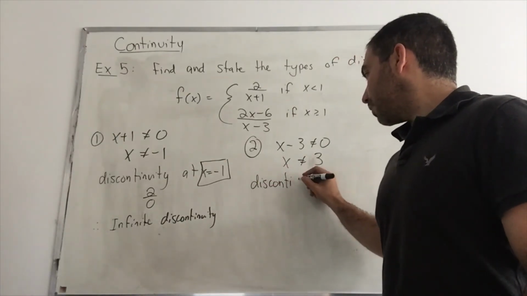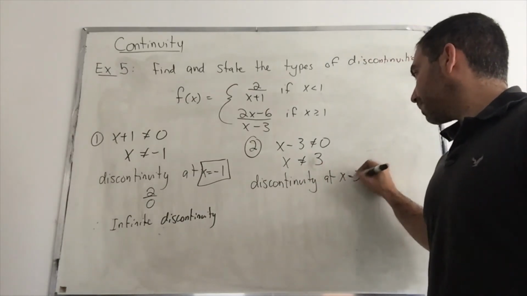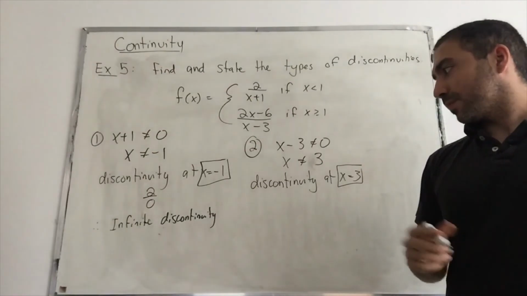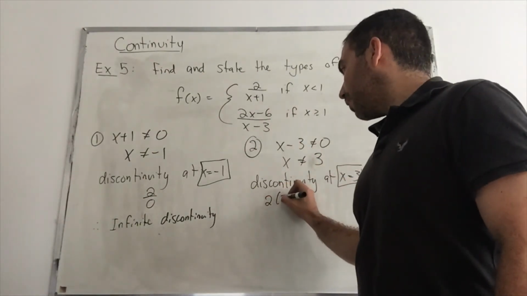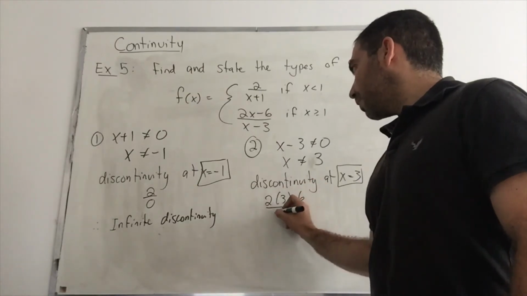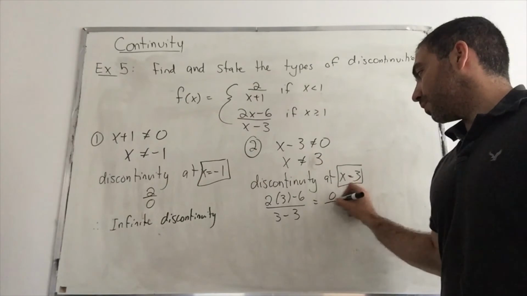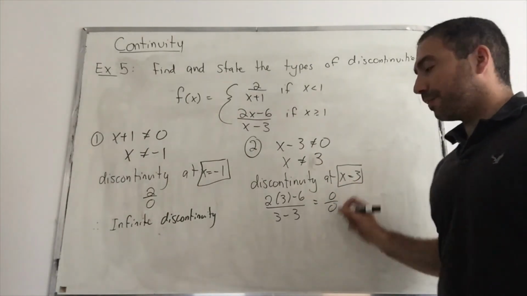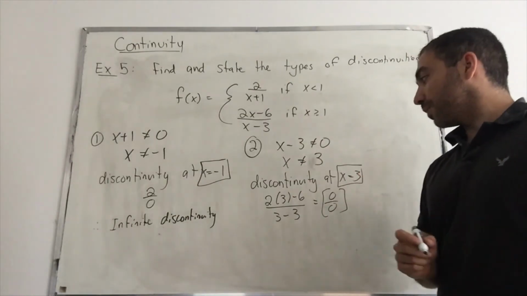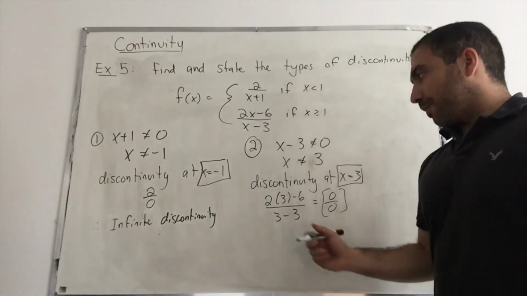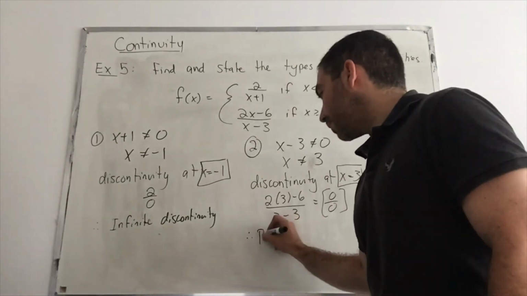So we have a discontinuity at x equals 3. Which type is it? Well, plugging it back into here, you get 2 times 3 minus 6 over 3 minus 3. This gives us 6 minus 6 on top, which is 0. On the bottom, 3 minus 3 is 0. So we have an indeterminate form, 0 over 0. Therefore, we have a removable discontinuity.